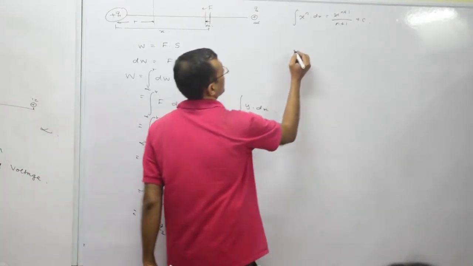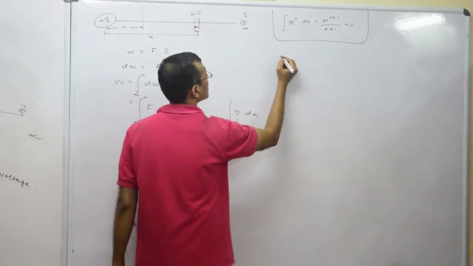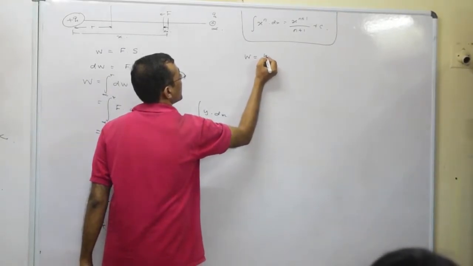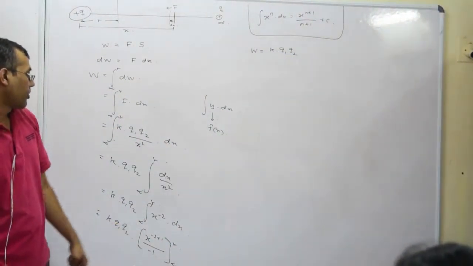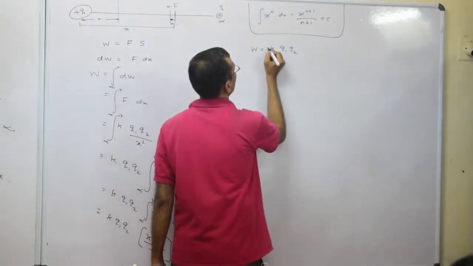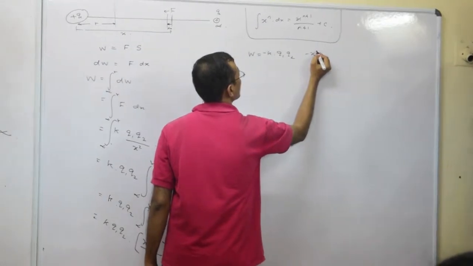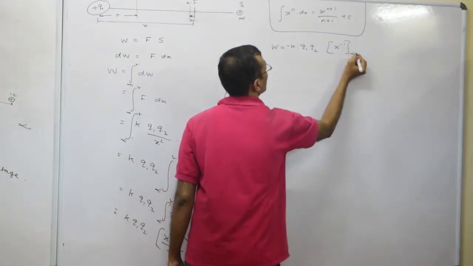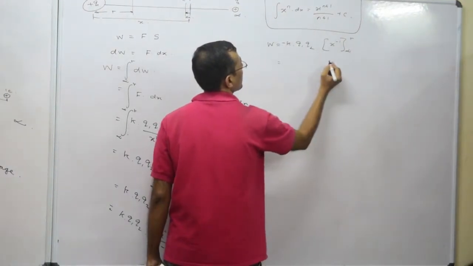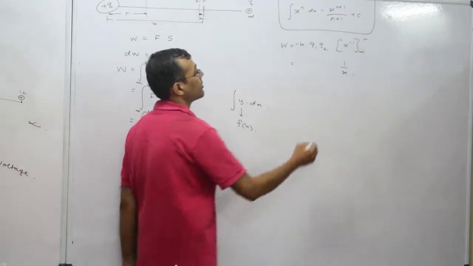Which means this can be written as K Q1 Q2. This is x power minus 1 minus, so the minus comes here. So minus x power minus 1, infinity to R. What is x power minus 1? 1 by x, right?